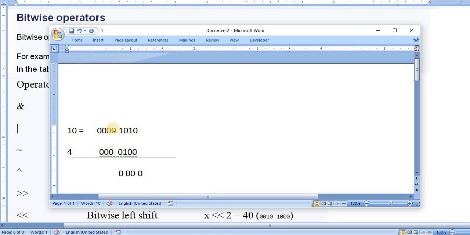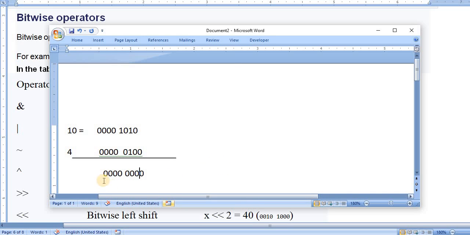And the next is this, both the operands are false, so it returns 0. So here the result is 0000.